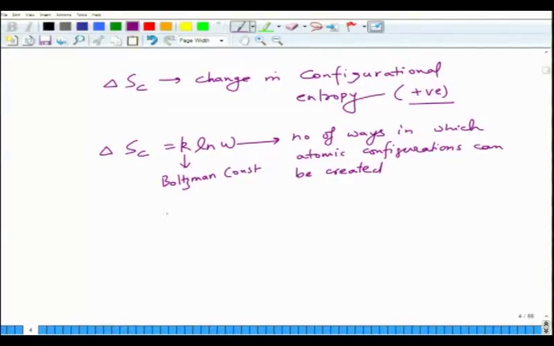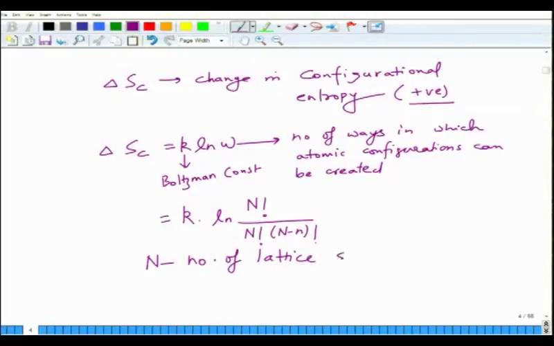This happens to be small k ln of factorial capital N divided by factorial of (N minus n) times factorial n, where capital N is the number of lattice sites, not the number of atoms, because the number of atoms has now reduced.